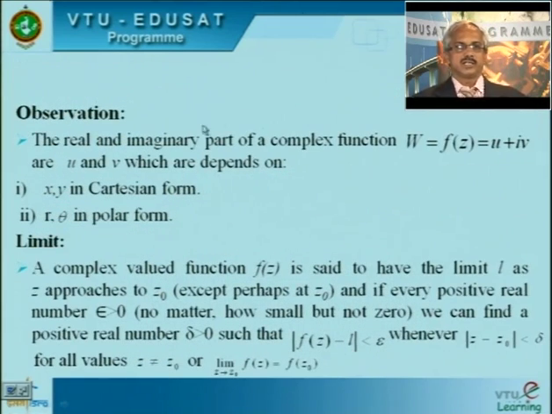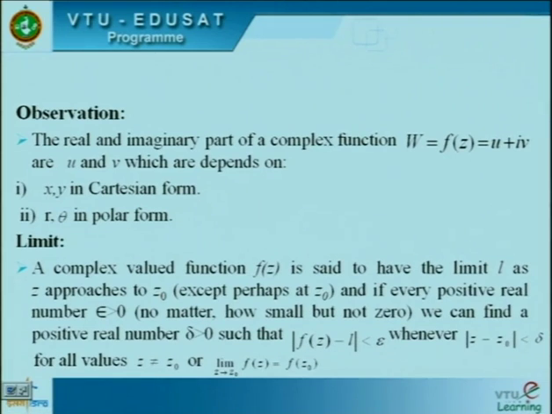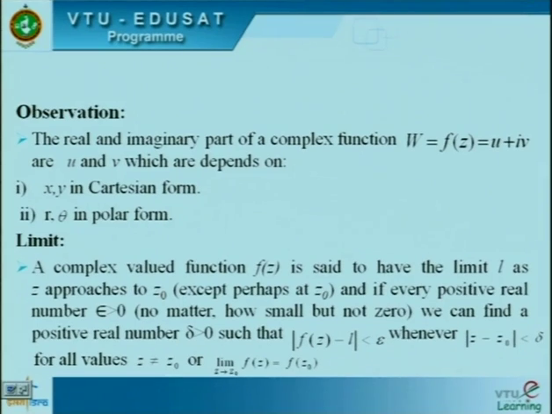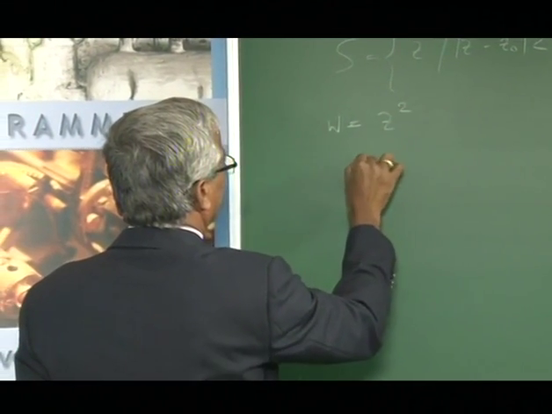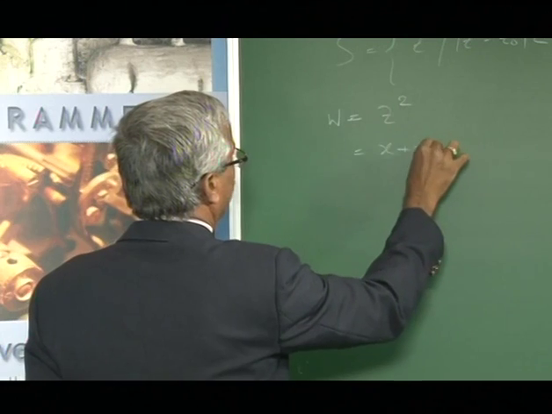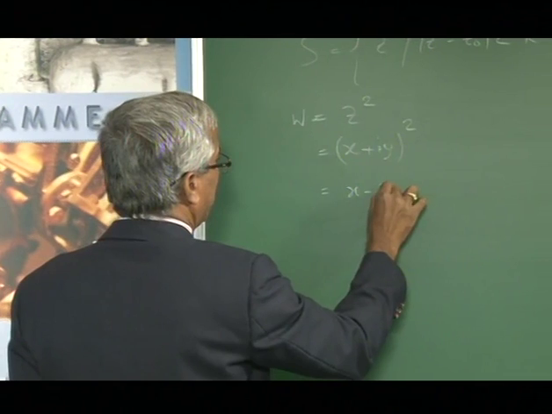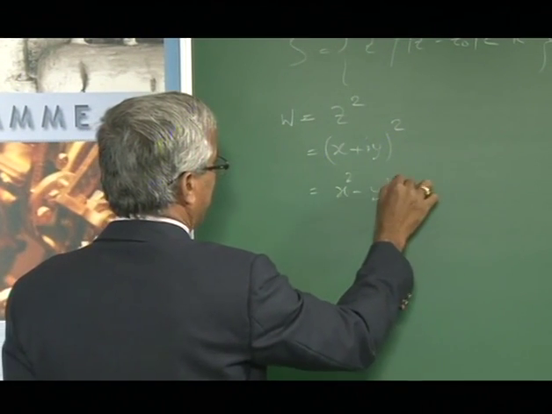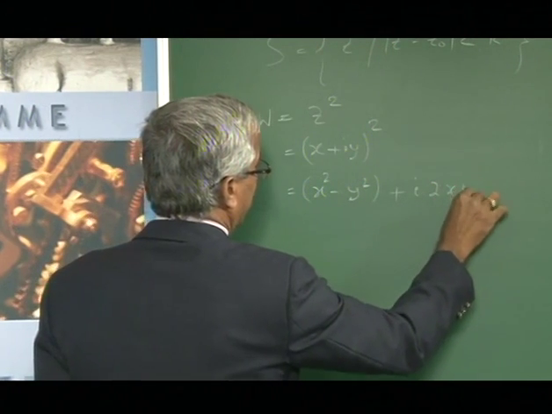Then in this case we have seen that for a complex function, the real and imaginary parts take this form. For example, for the function w is equal to z square, we can take it in the Cartesian form. If I take (x plus iy) whole squared, this gives x square minus y squared plus i into 2xy.